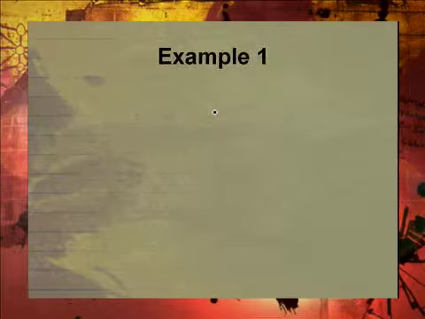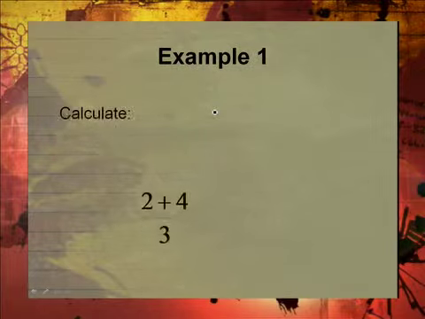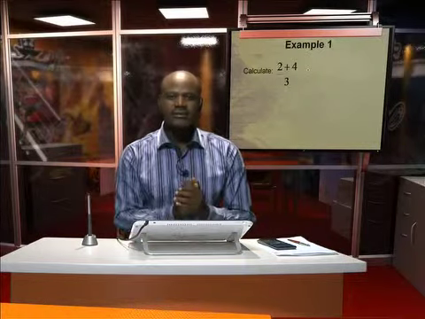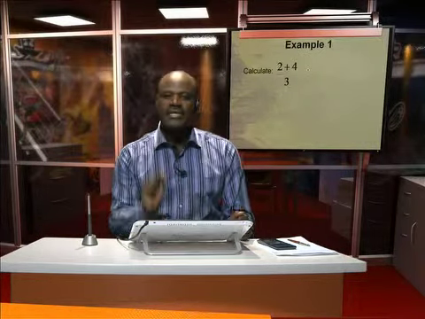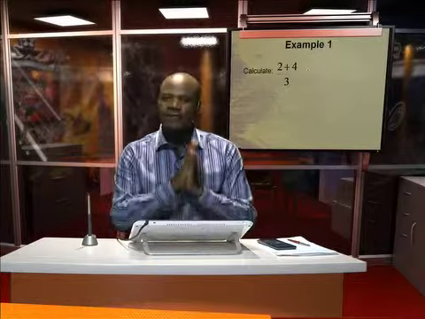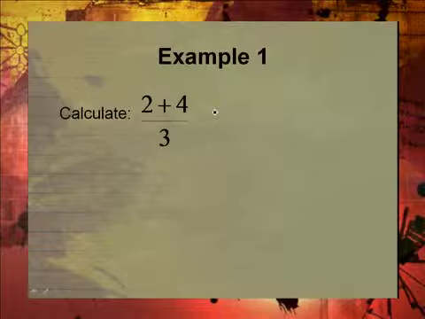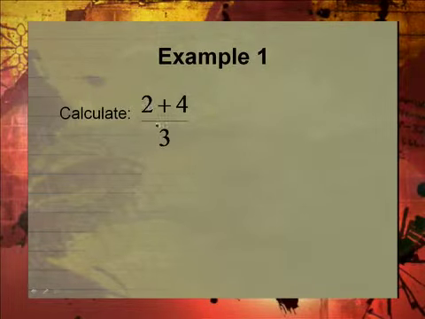Now, example 1. Looking at this, calculate (2 plus 4) over 3. Now, this is a challenge, guys. I know that on your calculator, most guys will go 2 plus 4 divided by 3 without using any form of brackets. But if we look at the sum, you have 2 plus 4. They are treated as one term on the numerator.